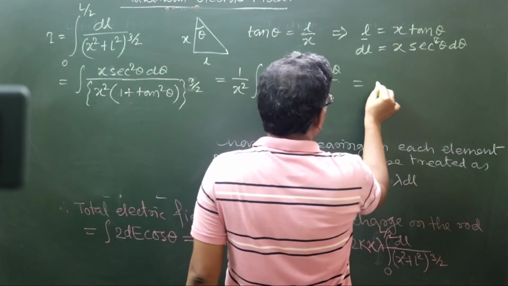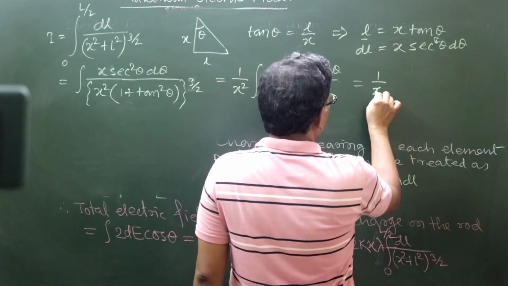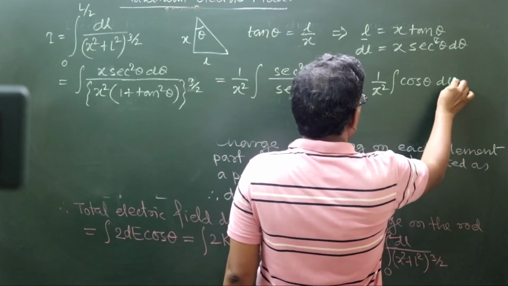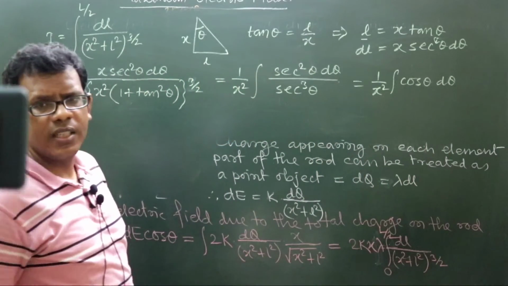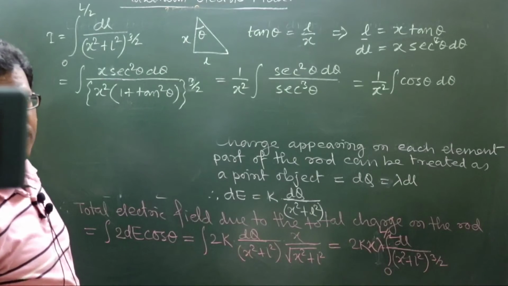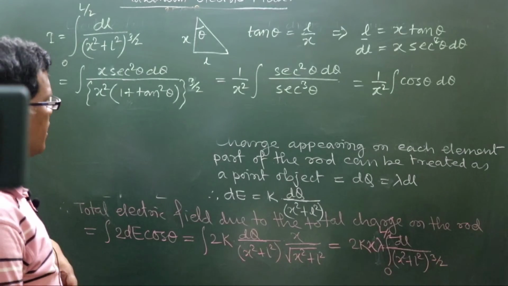So ultimately it becomes 1 by x square cos theta d theta, because finally it will be 1 by sec theta d theta. So finally we have reached a simple integrable form, the integration of cos theta d theta.